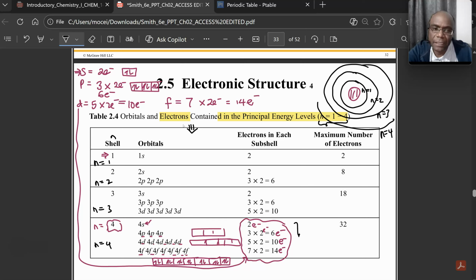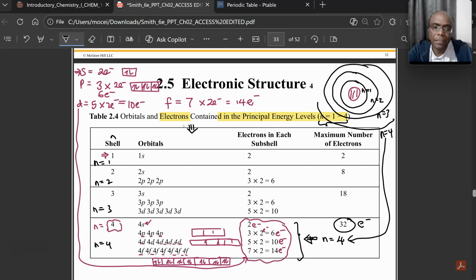So what I just showed you is what is found in the fourth principal quantum energy level, n equals to 4. So the fourth circle is this guy. He has a total of 32 electrons.